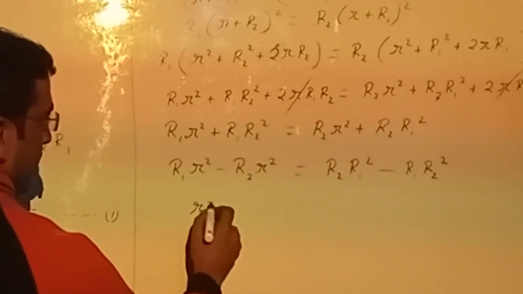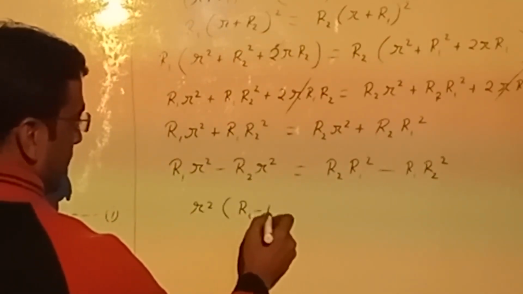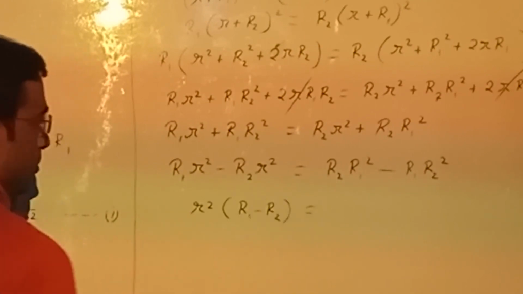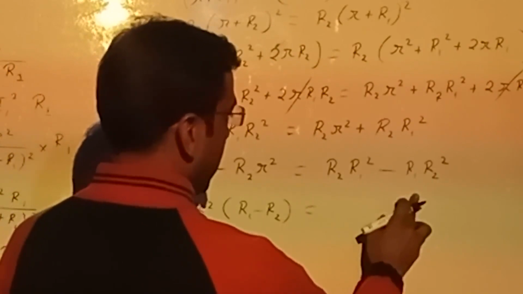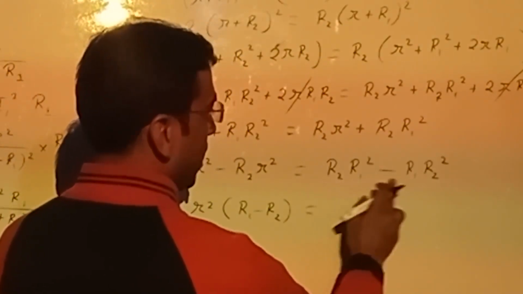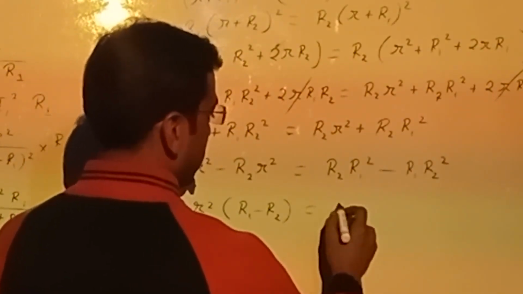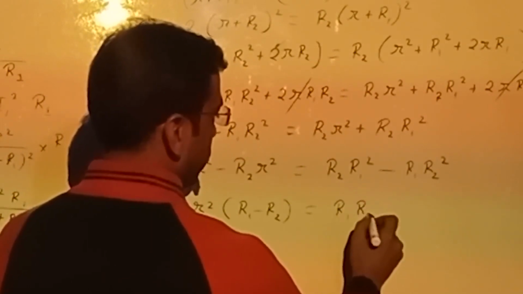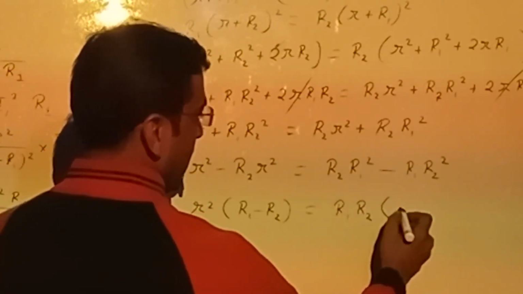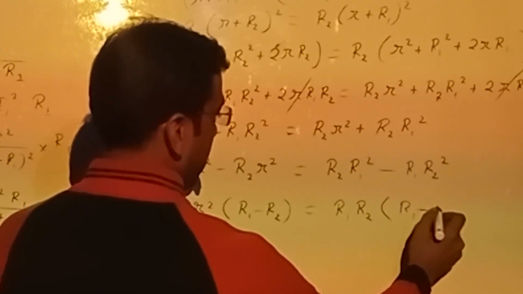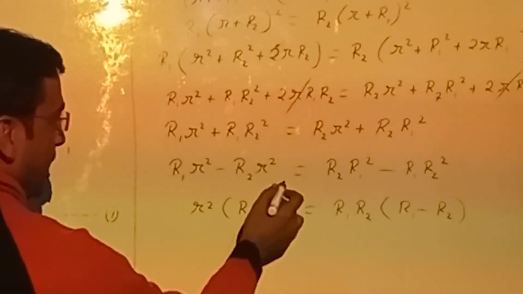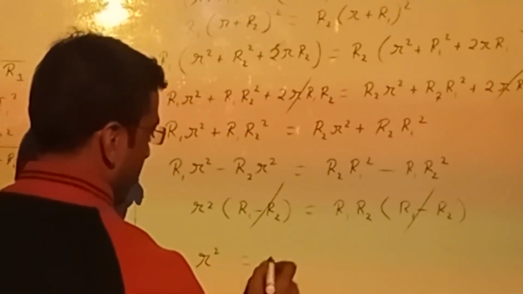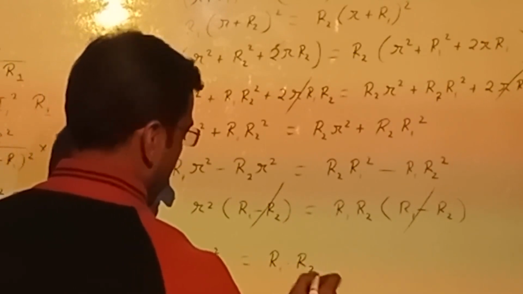Here R square is common and (R1 minus R2) is separated. On the other side, R1 R2 is common, and (R1 minus R2) is taken separately, and by cancelling this term we get R square equals R1 into R2.